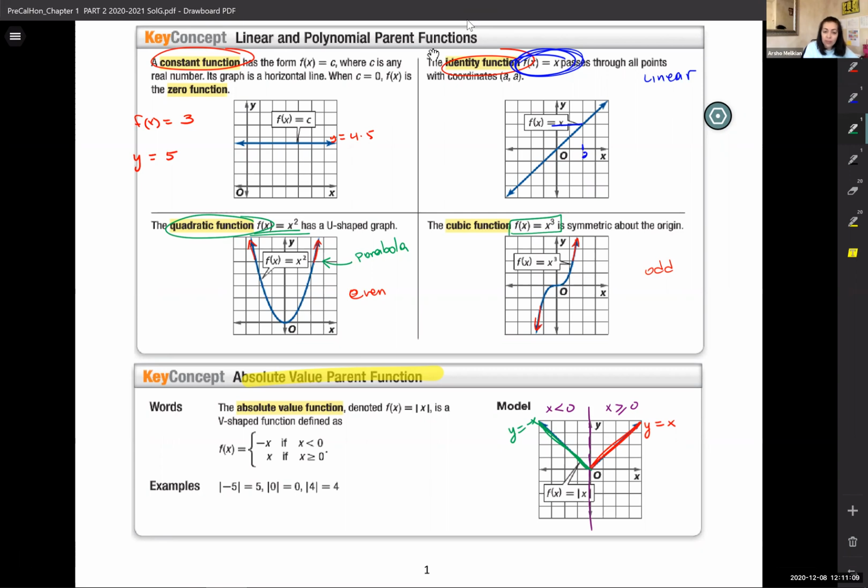So you know what? I can write f of x equals absolute value of x in two ways. That's one way. Or I can write it like this as a piecewise function. And that's what we need for calculus. In calculus, that's the way we look at things.